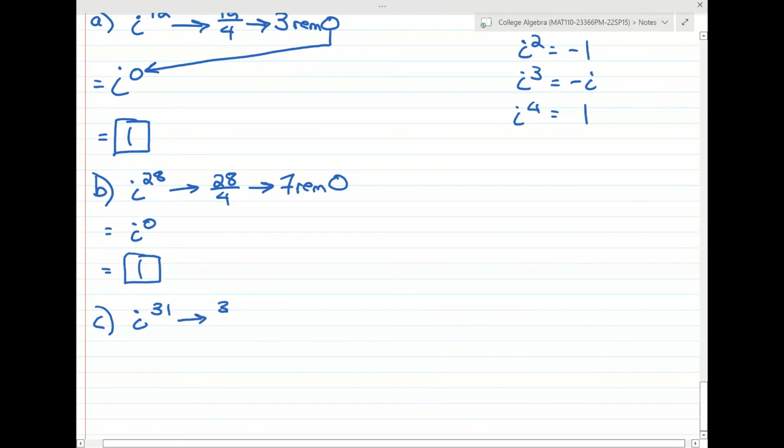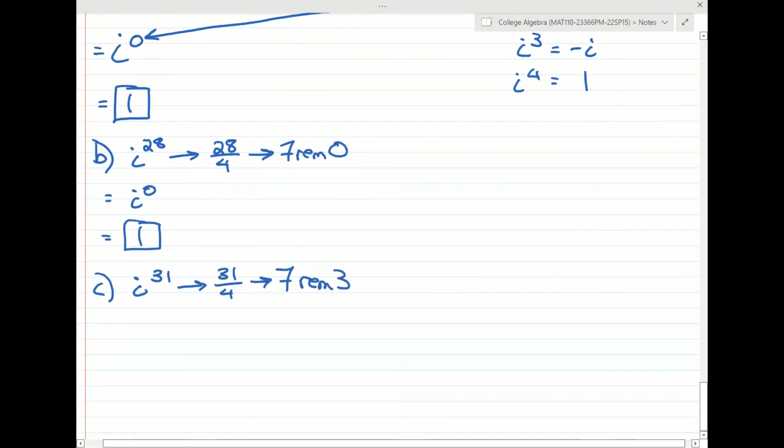We do 31 divided by 4, it goes 7 times with a remainder of 3. 31 over 4 is the same thing as 7 3/4. So your answer would just be i to the 3rd, which we said was negative i. That's how you do these kind of problems.